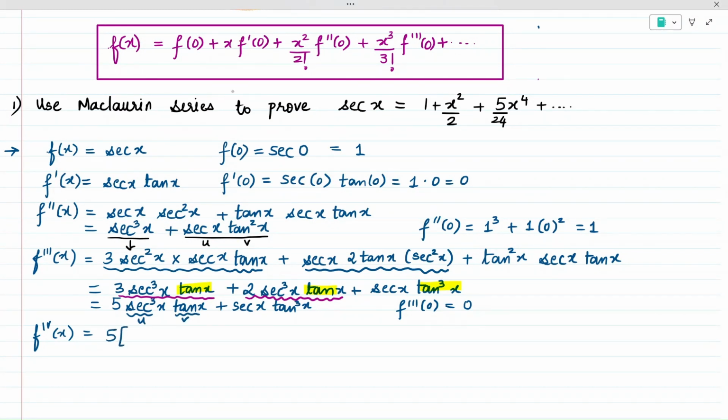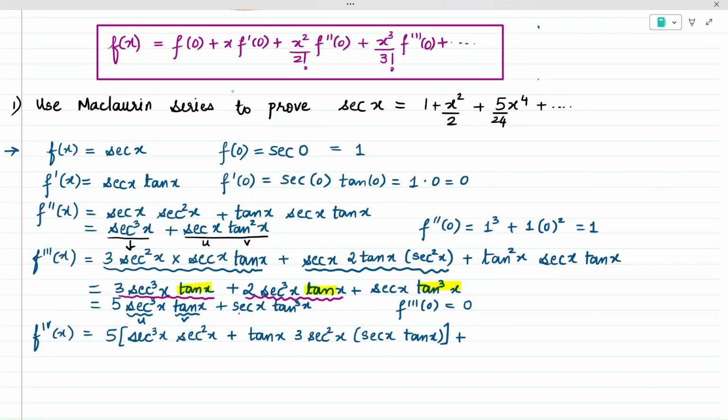Okay. So fourth derivative, u v. So 5 constant, u as it is. tan x का डेरिवेटिव हो जाएगा sec square, plus v as it is. Sec cube का डेरिवेटिव लेंगे 3 sec square into derivative of sec, which is going to be sec x tan x. Chain rule.